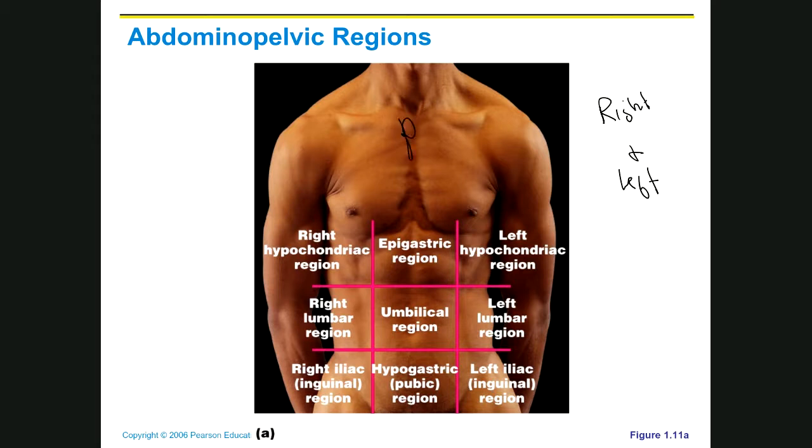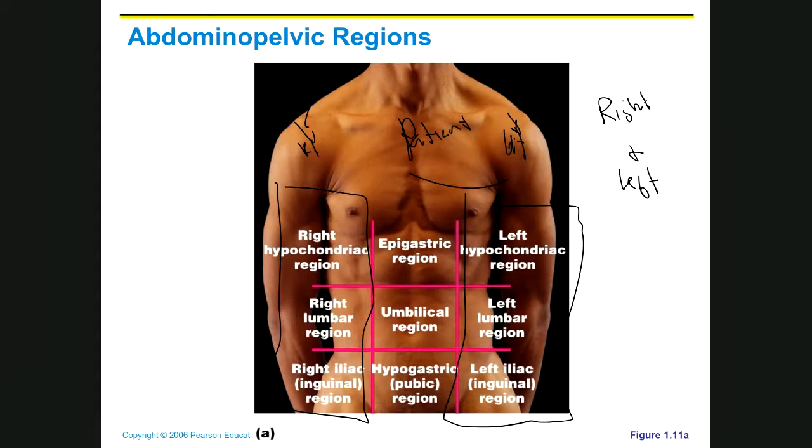This is him right here, and this is his right, so this whole side is the right. This is his left, so this whole side is the left. And if he turns around and we look at him from the other side, this is not going to change. We're still going to look at his right and his left.